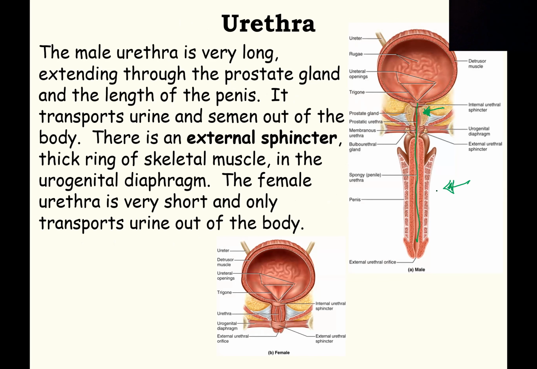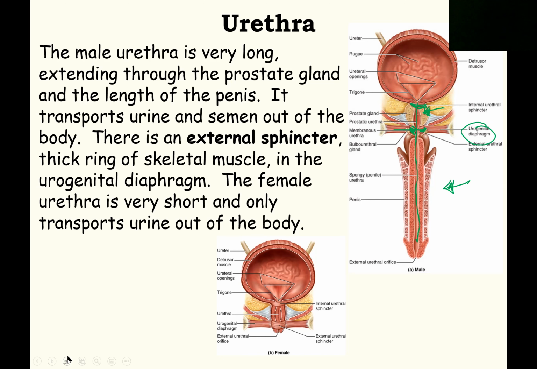So, not only does the urethra transport urine in males, it also transports semen. So it'll also be part of the reproductive tract. In the urogenital diaphragm, there is an external sphincter as opposed to the internal sphincter.